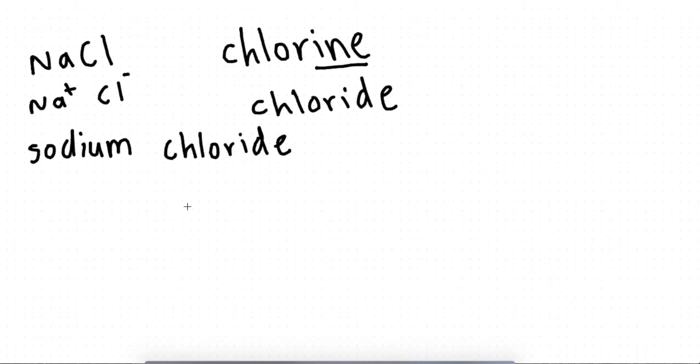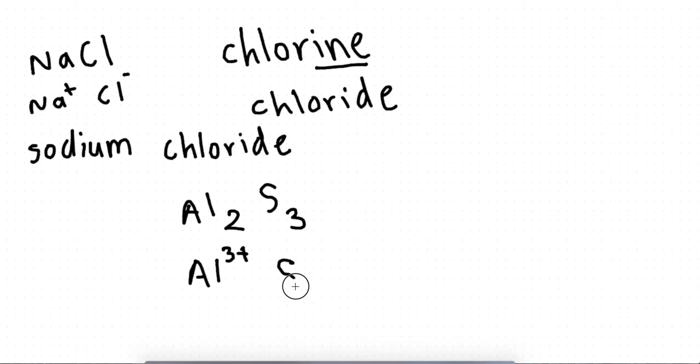What about Al2S3? This is aluminium. We formed it from aluminium, which is Al3+, and from sulfur, right? S2-. So when we formed it, we would get Al2S3, which is what we got.